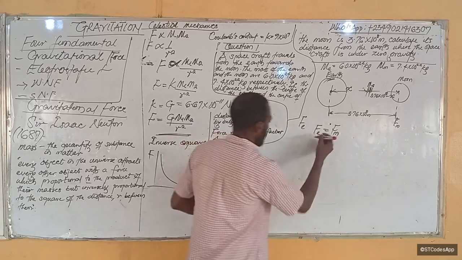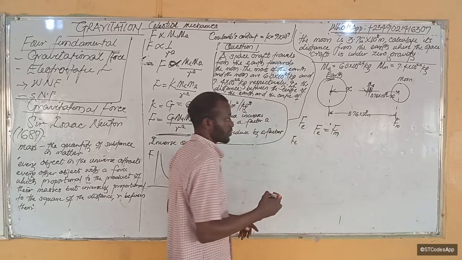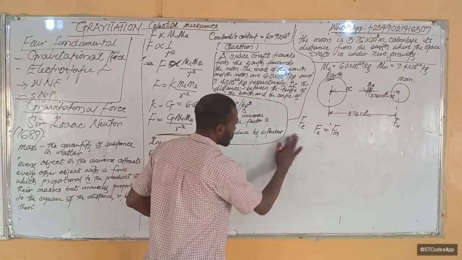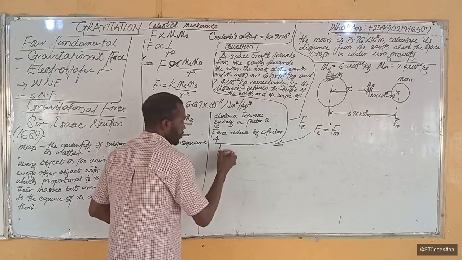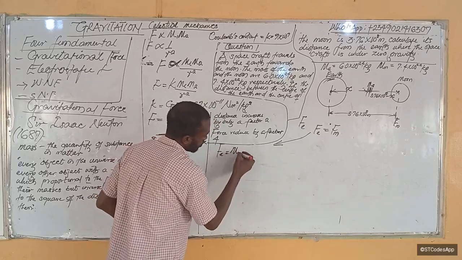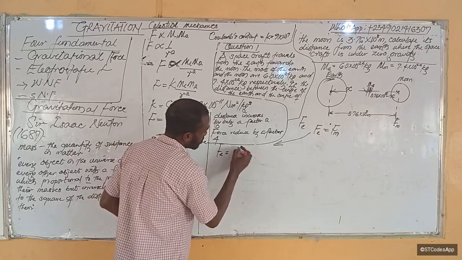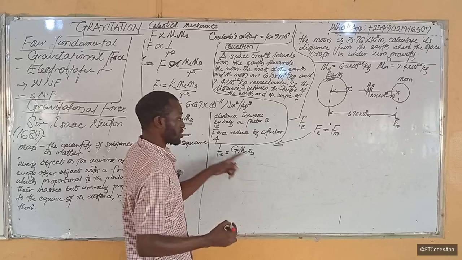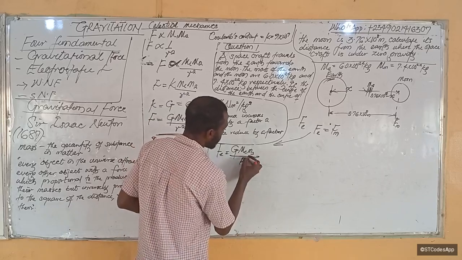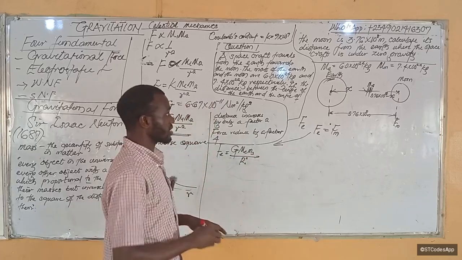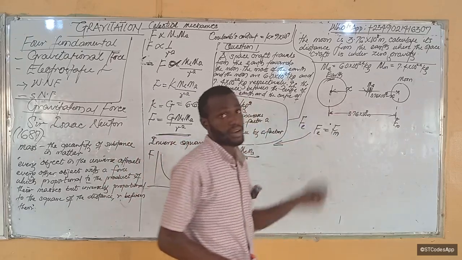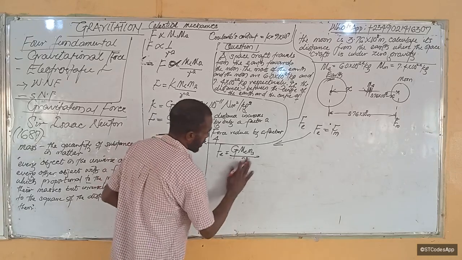Now, what is F sub E? F sub E is the force of attraction due to the Earth. So F sub E will be equal to Newton's gravitational constant times the mass of the Earth times the mass of the spacecraft, which is very small, over r squared. What will this distance be? It is the distance x that we're looking for, so we write x squared.